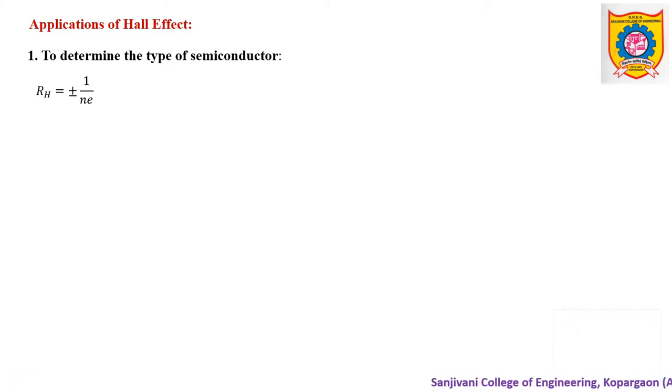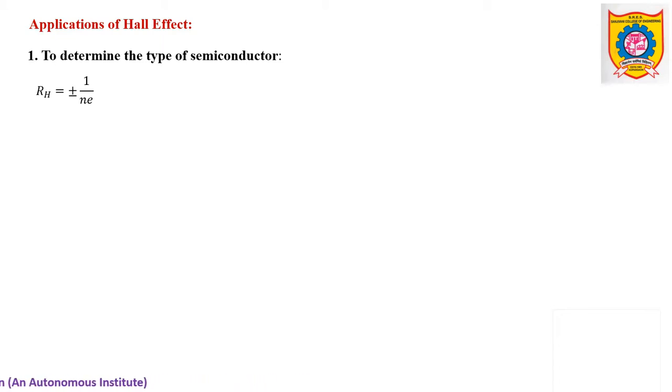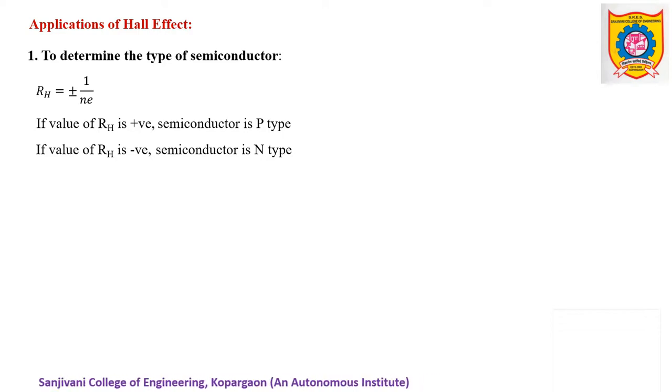And in case the charge carriers are negatively charged electrons, then we will get RH value negative. So negative RH value indicates that the type of semiconductor is N-type. This way we can distinguish whether the given semiconductor is P-type or N-type.